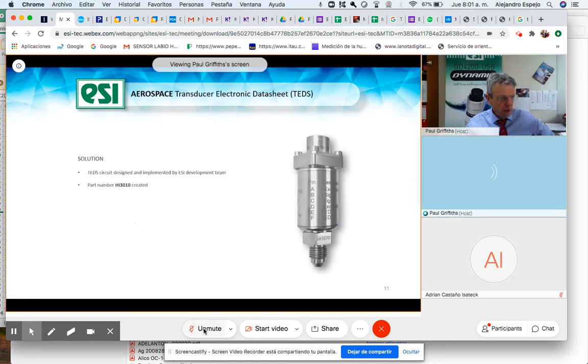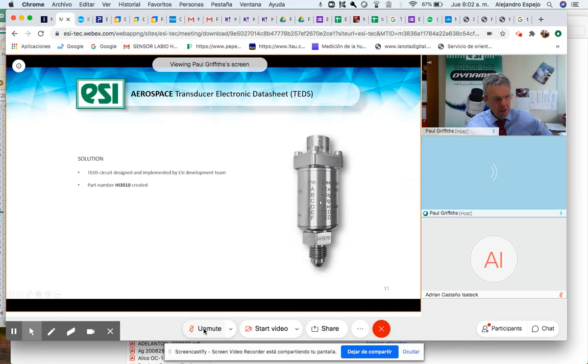So this is what it looked like. In reality, it is one of our HI 2000s, an HI 2000 pressure sensor. So millivolt output, small housing with a military connector and aerospace fitting.